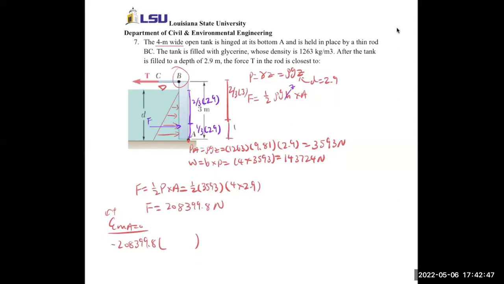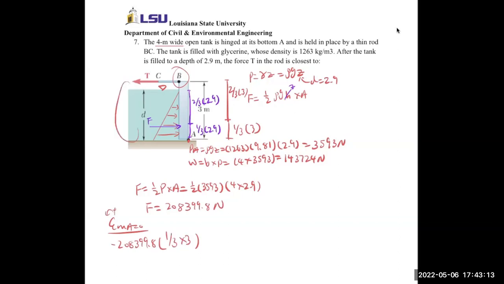This will be 1/3 of 3 meters, because T is at a distance of 3 meters from A. So we cannot just consider 2.9 in this case. We'll have to consider the entire distance between P and point A. So this is going to be 1/3 of 3.